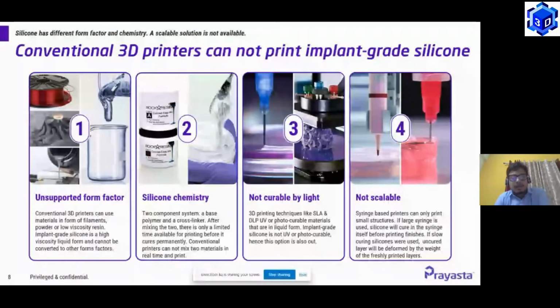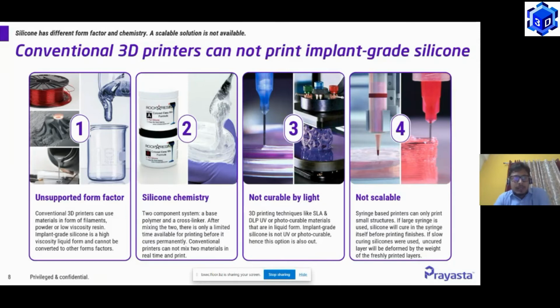The actual mechanism of curing the silicon, or converting it from liquid to solid, is a cross-linking reaction where a base polymer and a cross-linker have to be mixed together to solidify it. Again, none of the printers are equipped to mix two materials in real time, and they cannot 3D print silicon at scale because of that reason.